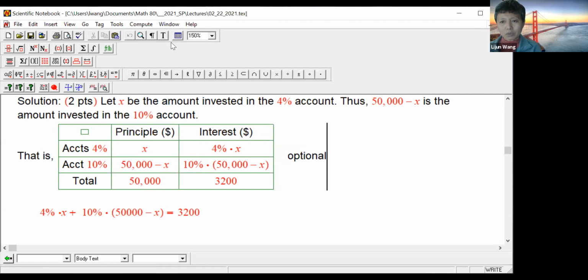Optional, but it can be useful in case you messed up, right? The table may give you opportunities to earn partial credit. But I consider this equation will earn you 5 points. You follow me? I will be using these rubrics to grade your written work.